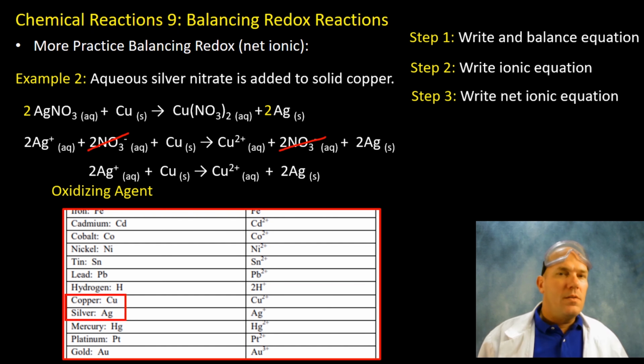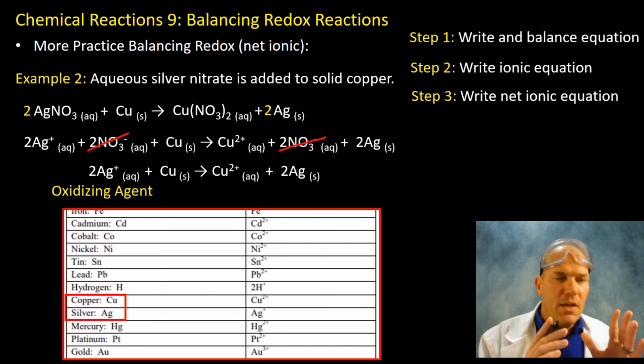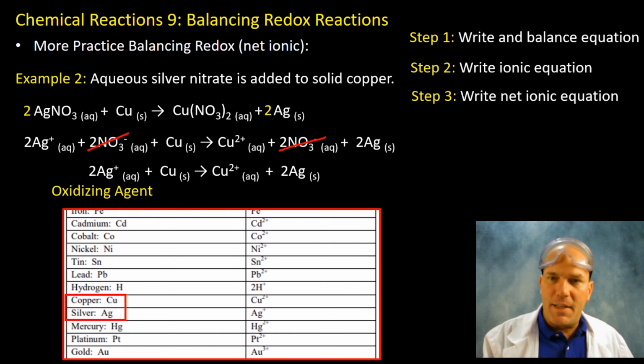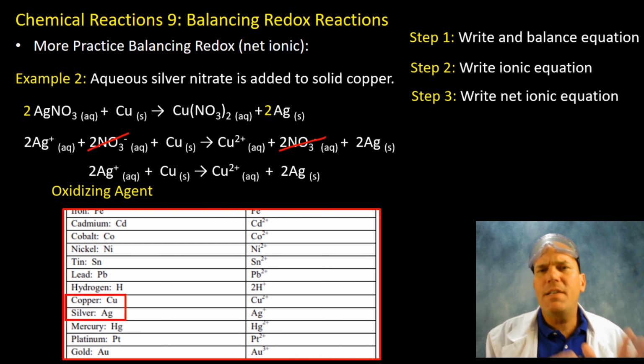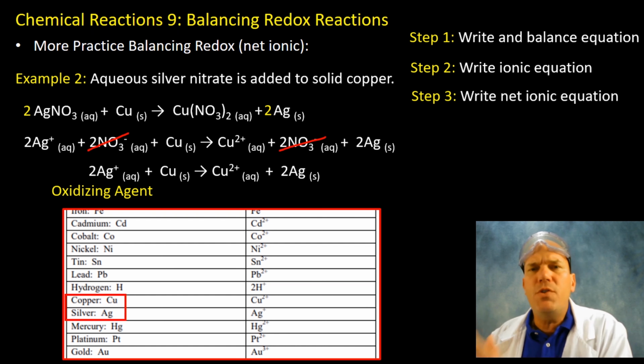So, remember from the previous video, oxidizing agents and reducing agents. It's good practice to look at these. So in this case here, the silver cation is our oxidizing agent. It is being reduced.